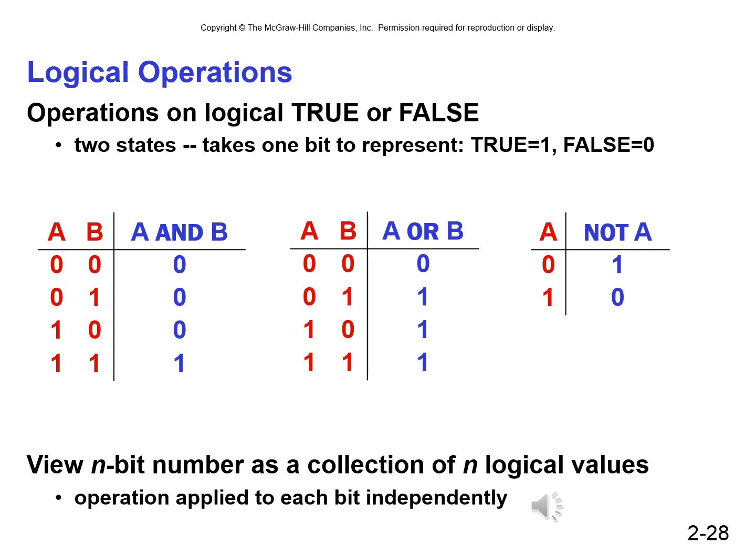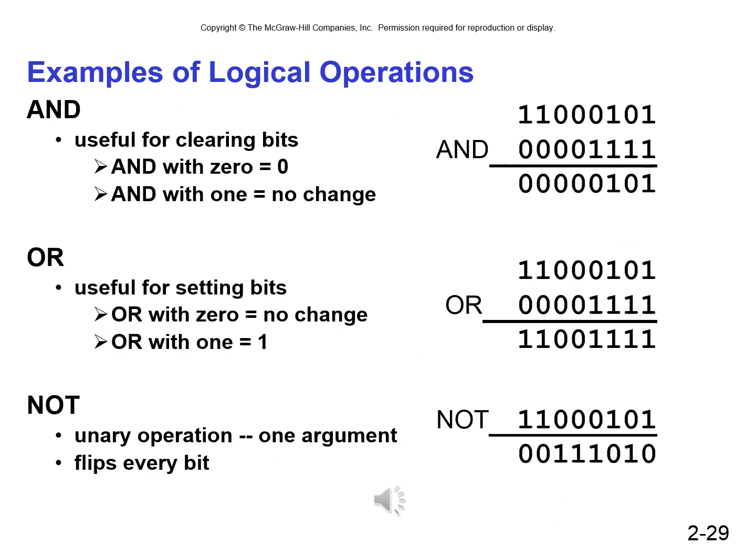Not is a unary, like a unicycle, has 1 operand. Not flips a bit from a 1 to a 0 or from a 0 to a 1. It negates that bit. Here we have some examples of logical operations using 2 8-bit numbers.